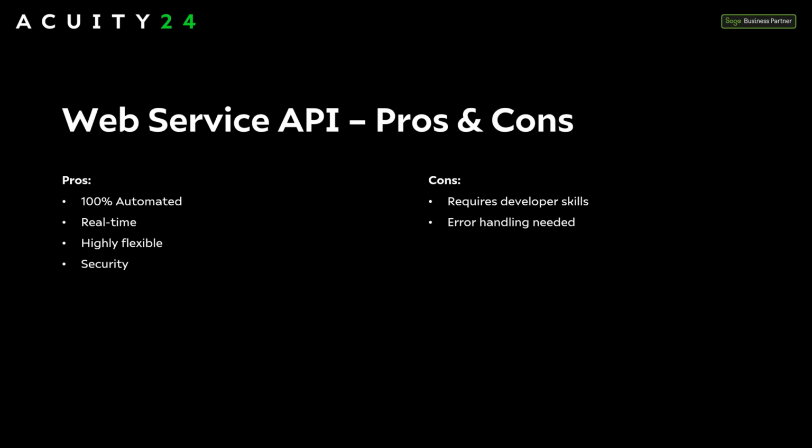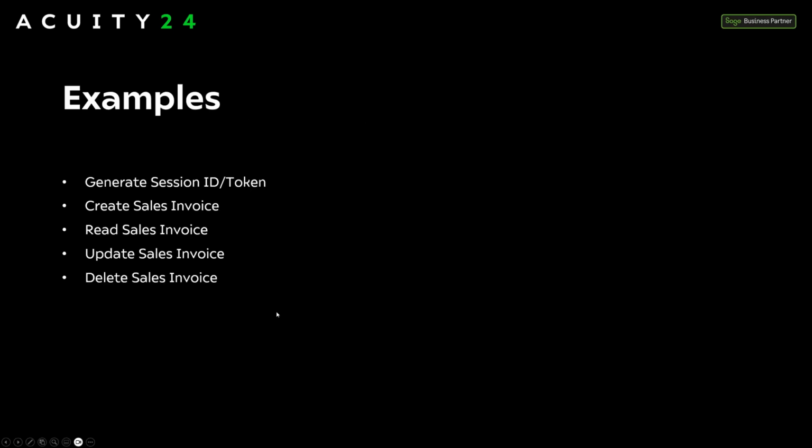The cons are it requires developer skills and also error handling is needed. So this would be an intermediate to advanced skill set that the user needs to have to work with APIs. Okay, then these are the examples that I will show regarding Sage Intacct APIs.